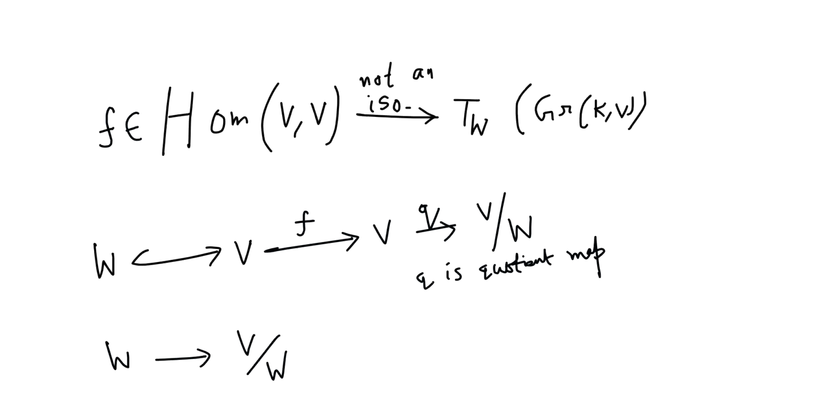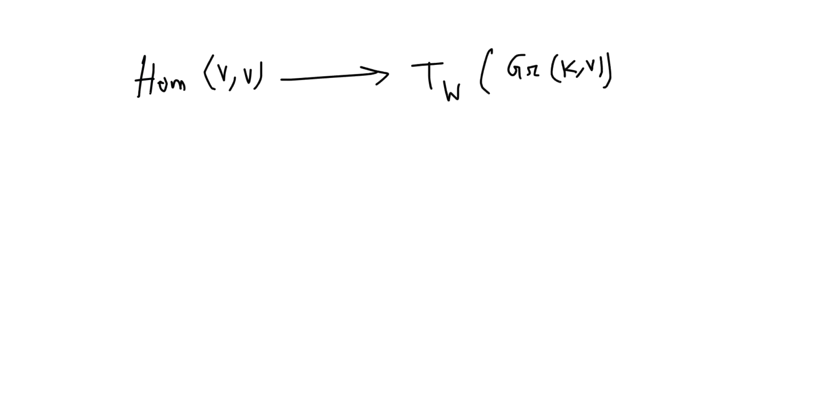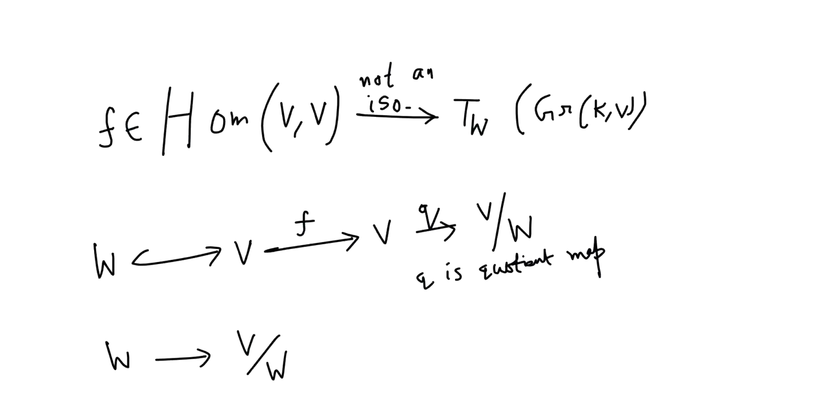So let us put it in a diagram. From hom(V, V) to TWGRKV, you have a map, and from hom(V, V), you have a map into hom(W, V mod W), just by the procedure that I have defined.